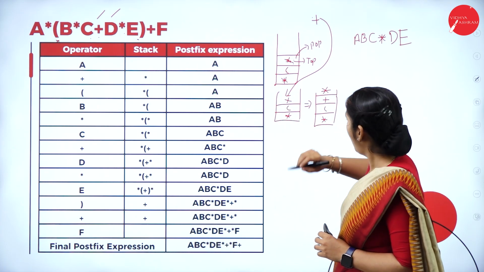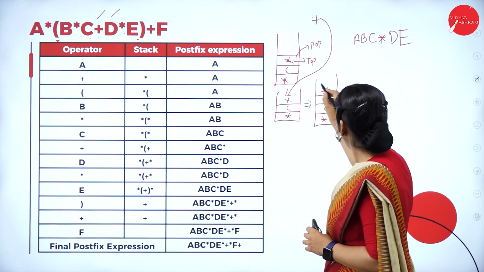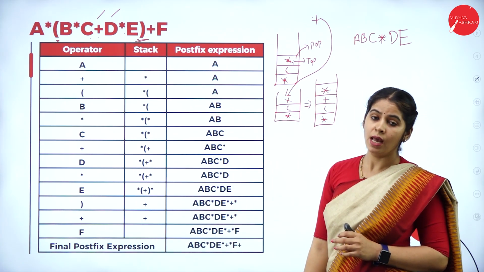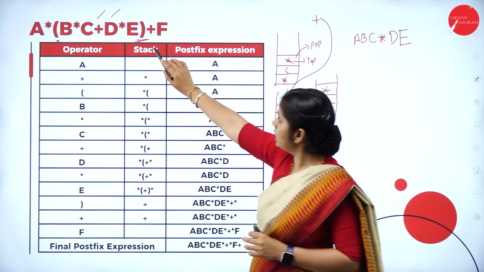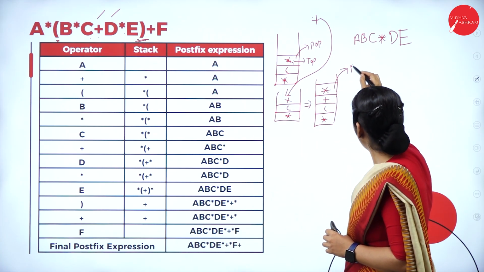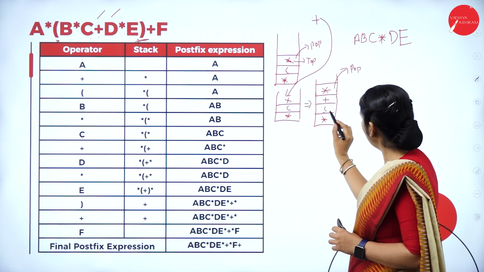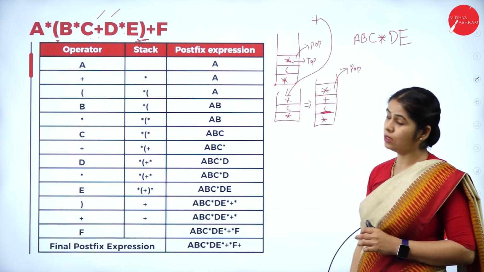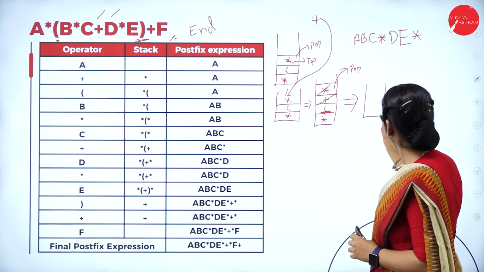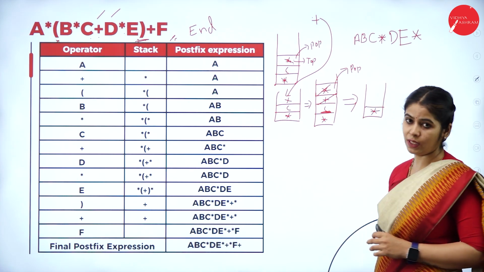Then we have the closing brace. Right? Whenever the closing brace occurs, we have to pop all the elements until the opening brace. Now what do we have in the stack? We have removed all of this. We have a star in the stack as the top of the stack.